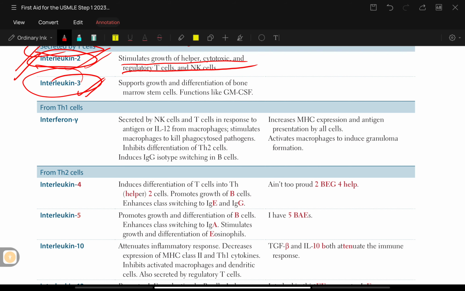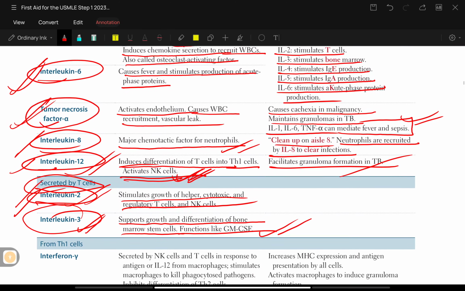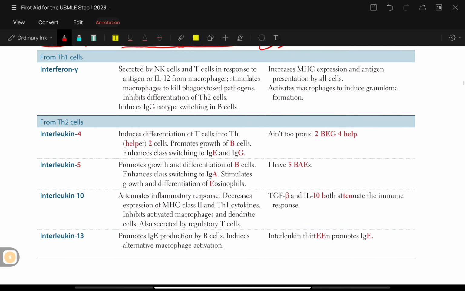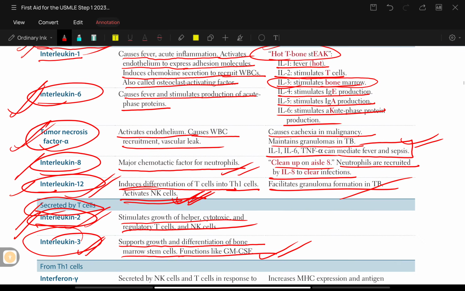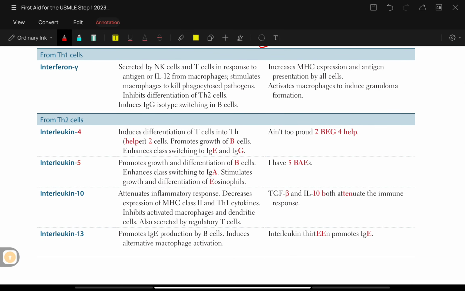Interleukin 3 supports growth and differentiation of bone marrow stem cells, functions like GM-CSF. Interleukin 3 stimulates bone marrow, so it is easy to remember if we study these all and memorize time to time.